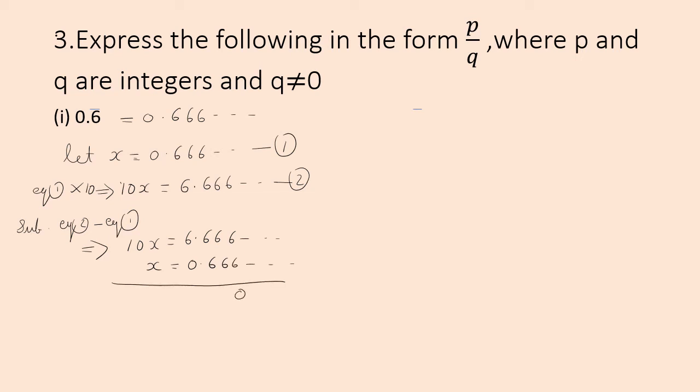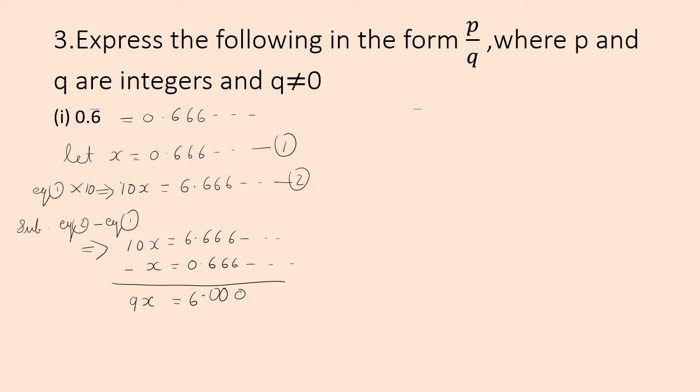Here decimal 6 minus 6, 0, 0, 0. 6 minus 0 is 6, equal to 10x minus x, that is 10x minus 1x, that is 9x.